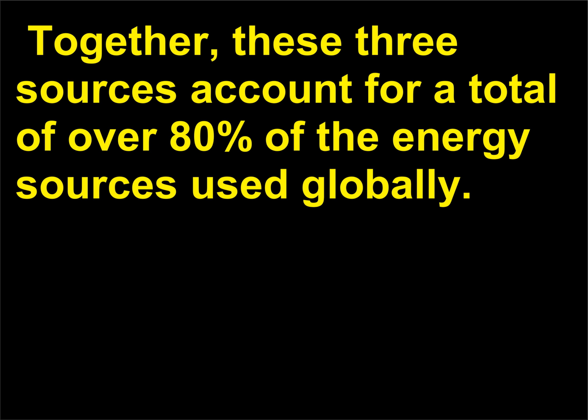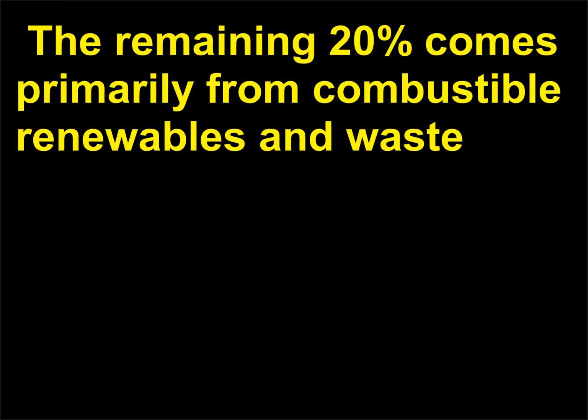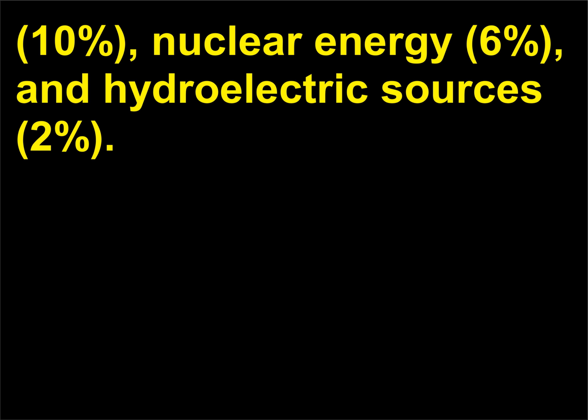Together, these 3 sources account for a total of over 80% of the energy sources used globally. The remaining 20% comes primarily from combustible renewables and waste, 10%, nuclear energy, 6%, and hydroelectric sources, 2%.